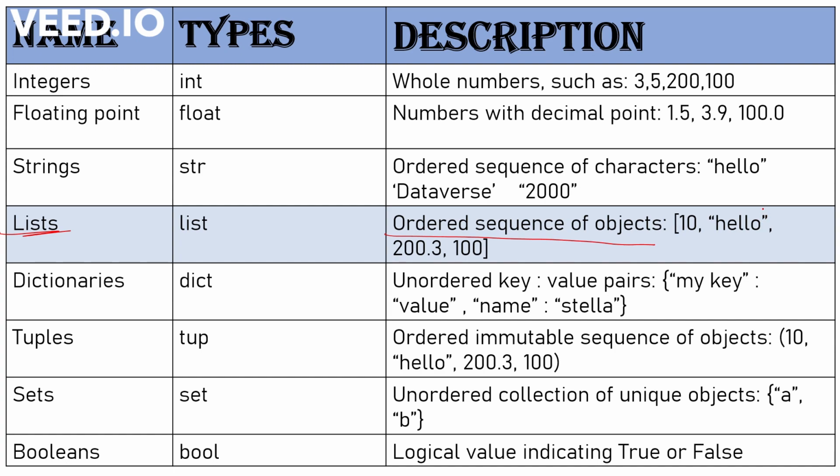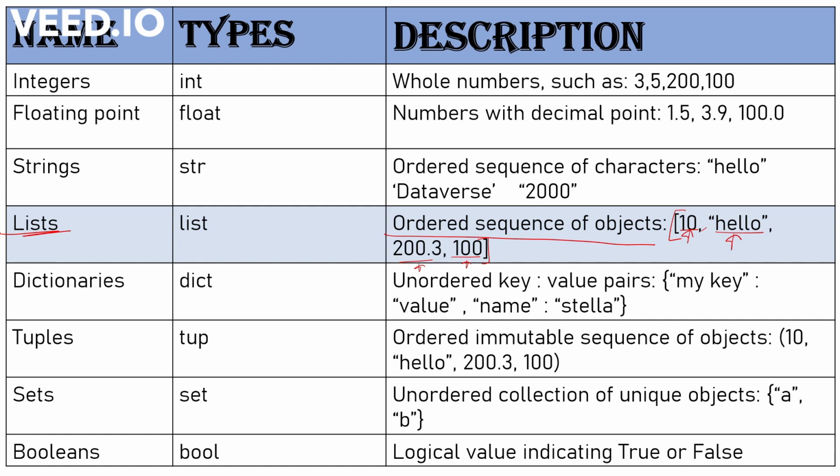Like here we can see 10 is an integer, hello is a string, and 200.3 is a floating point number. 100 is again an integer. So these are all different data types stored in a single variable, and lists are created using square brackets, with commas separating every element.